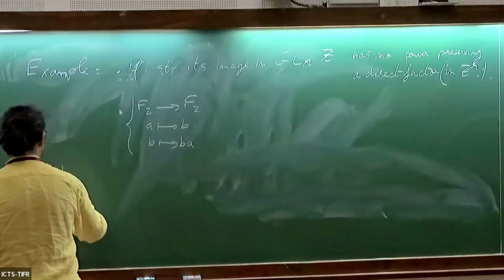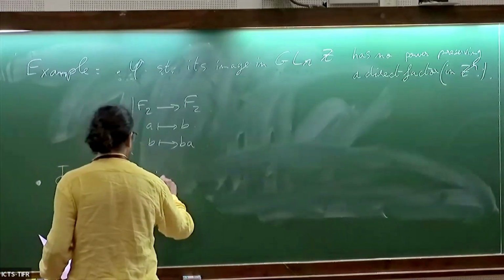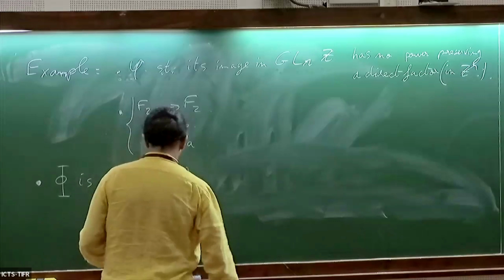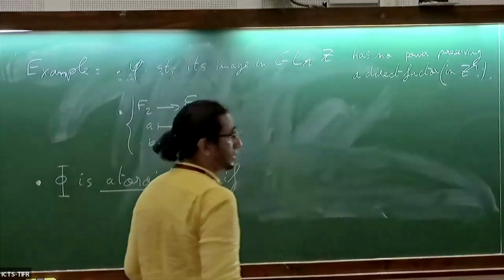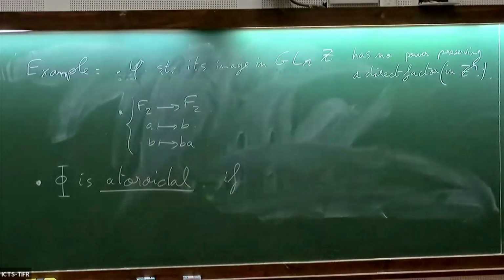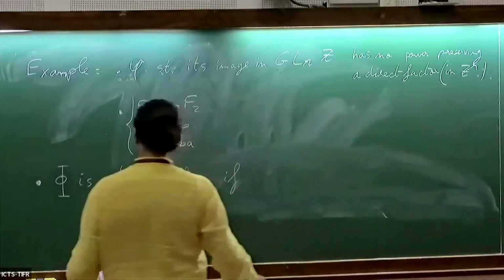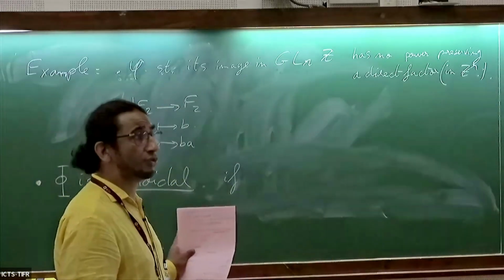So phi is atoroidal if it's similar looking in its expression, but instead of looking for the rather complicated notion of free factor, we are looking only at elements and conjugacy classes of elements.